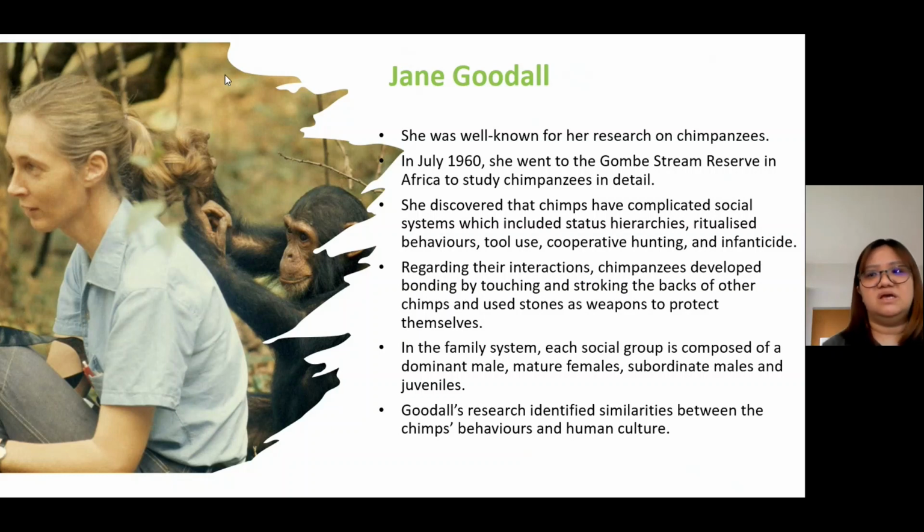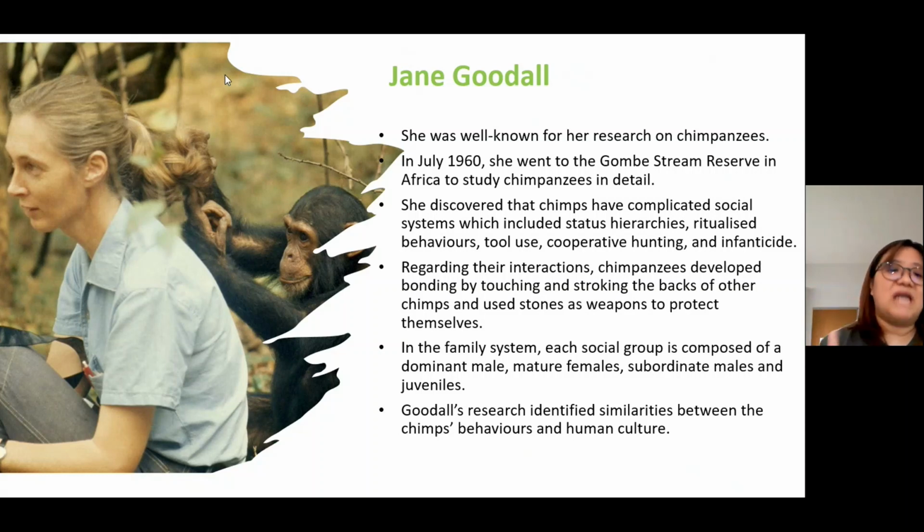Okay, so what she discovered is that all these chimps have their own complicated social system. She could observe that they have their own identity and their own status. They practice status hierarchies like human beings in a social system.